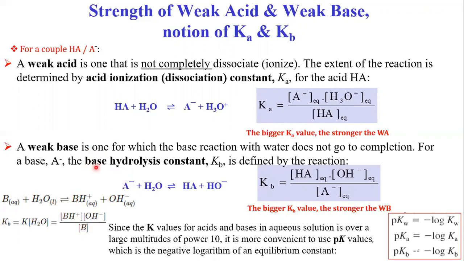But this is no longer called the base hydrolysis. Now we can actually call it the base ionization constant, just like the acid ionization constant. Some people just call it Ka, Kb; dissociation, ionization, hydrolysis constants, that varies.